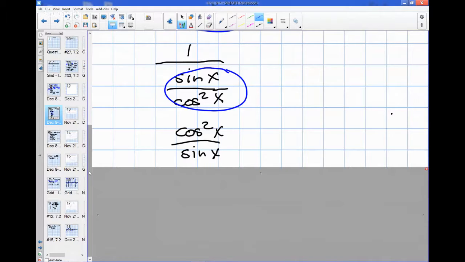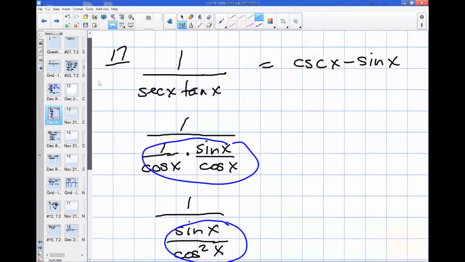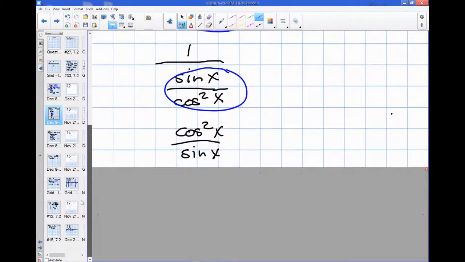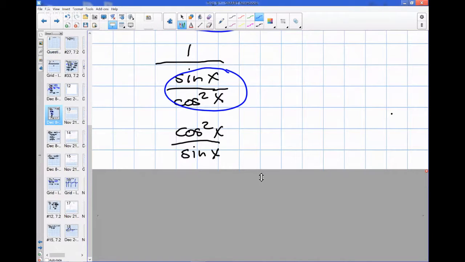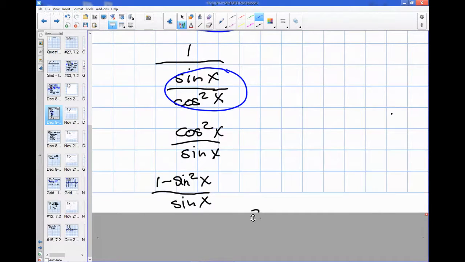Now remember, and this is the bad news of doing this electronically and not on a board, let's go back. What are we aiming for? Oh yeah, we want to get cosecant minus sine. Well, what can we do? I don't know if you see this. There's an identity, or at least part of an identity, up here. Cosine squared.